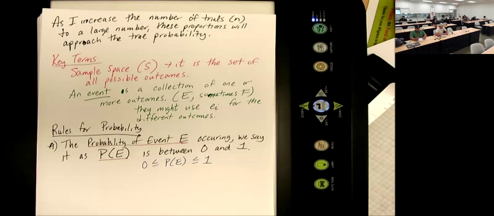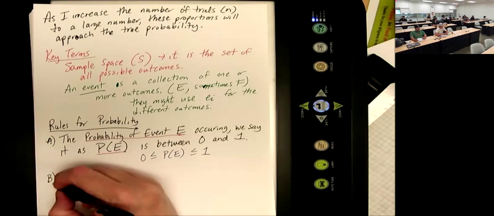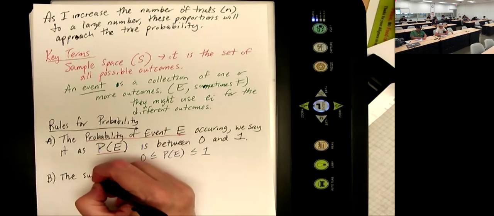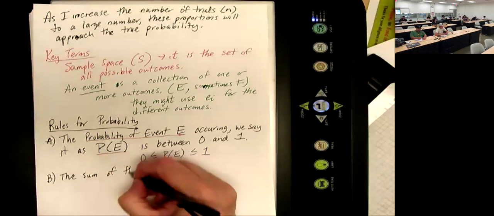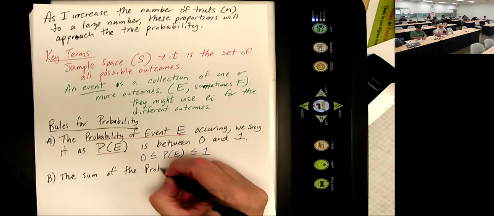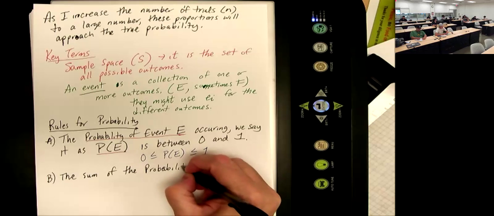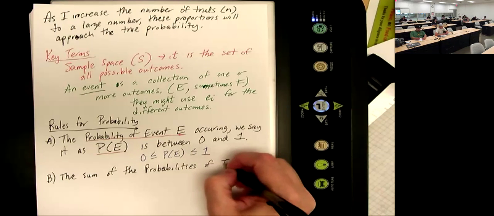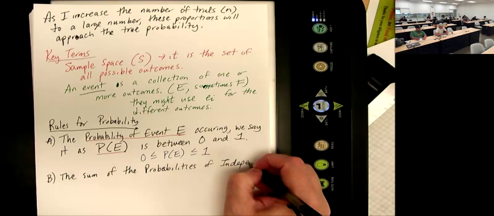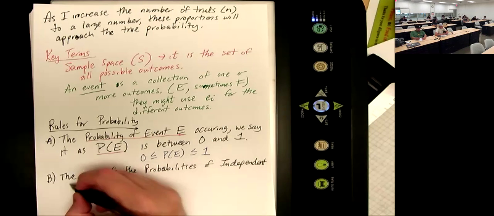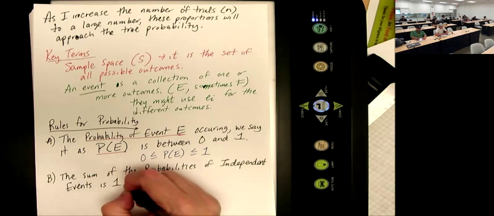And B, the sum of the probabilities of independent events is 1.